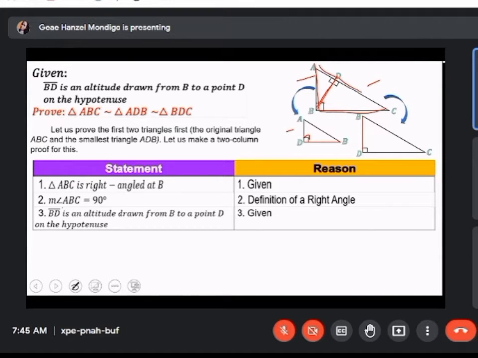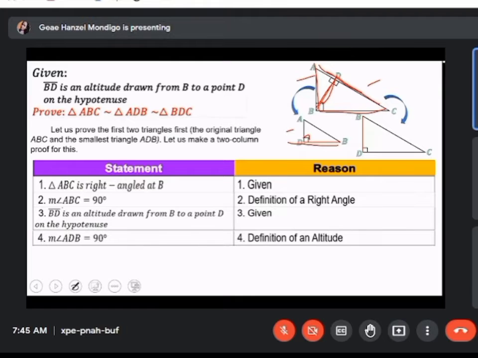Fourth, the measurement of our angle ABD, which is our smallest triangle, is still 90 degrees, right? This is according to the definition of an altitude.